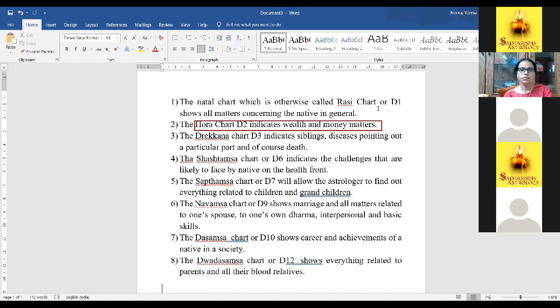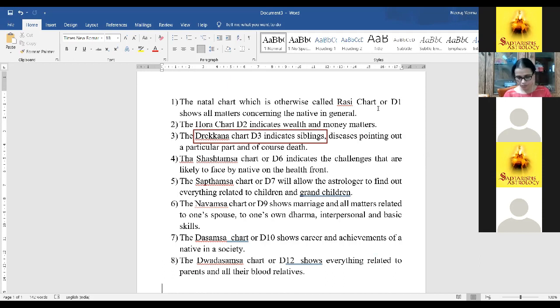Okay, so I am showing you all these things because you have to use these divisional charts with your analysis. I will show you how. Now we have Dreshkan chart, D3 chart that indicates the siblings. D3 means division of third houses. Okay, third house related matters.